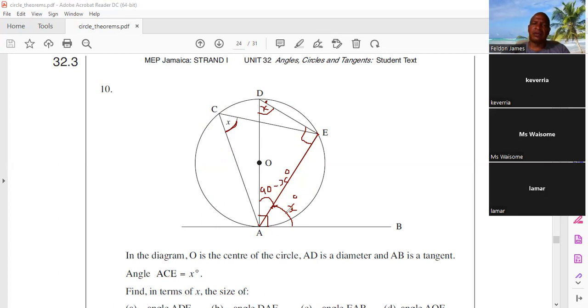All right, so for this angle down here now, we're using this right angle triangle that we know. So we know that this angle is X, so this one down here is 90 minus X. Follow? Is that clear? Guys? Miss Green? Come on, guys, let me get some response.